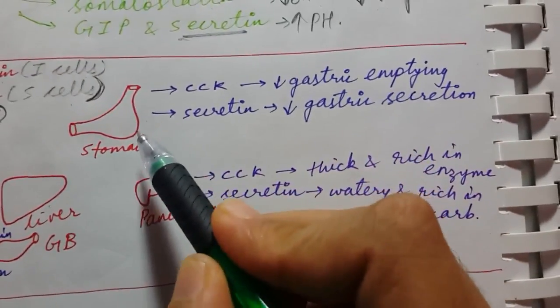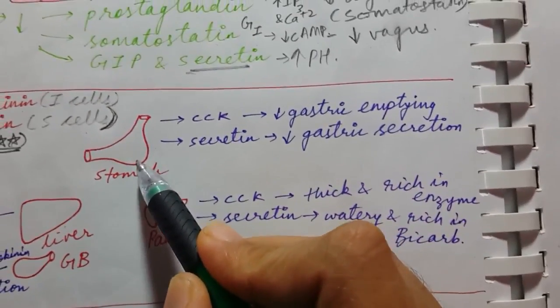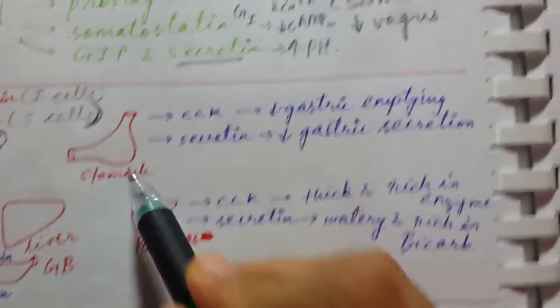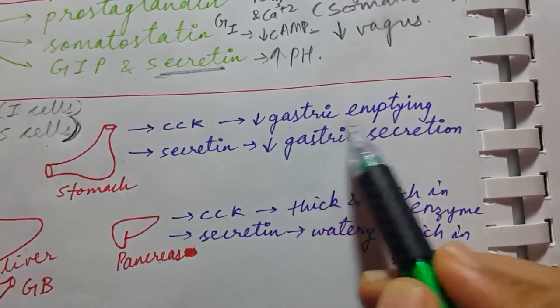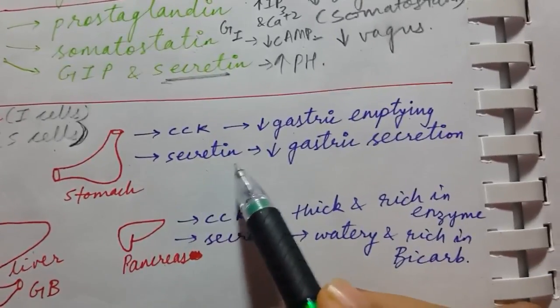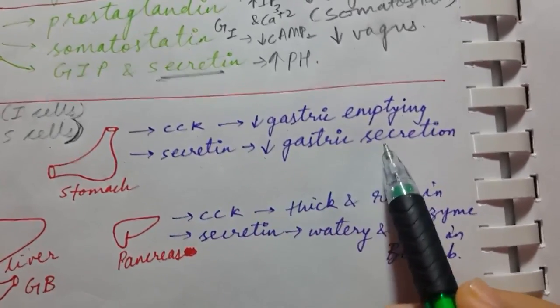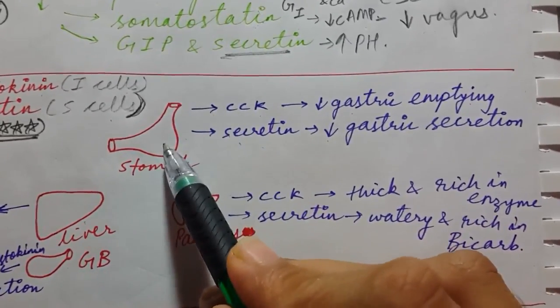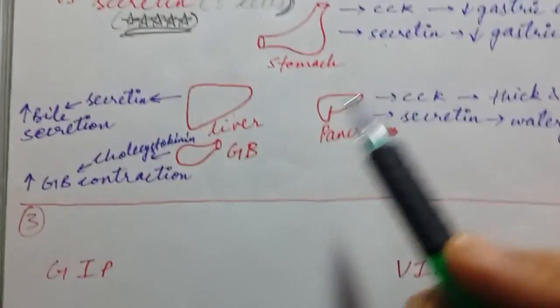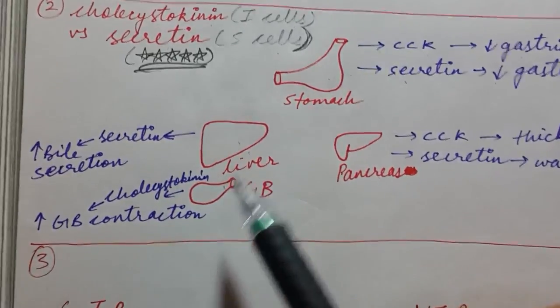So first let's discuss the effect of cholecystokinin and secretin on stomach. The cholecystokinin will cause a decrease in gastric emptying, and the secretin will decrease the gastric secretions. So that's the effect on stomach. Now let's discuss their effect on liver and gallbladder.